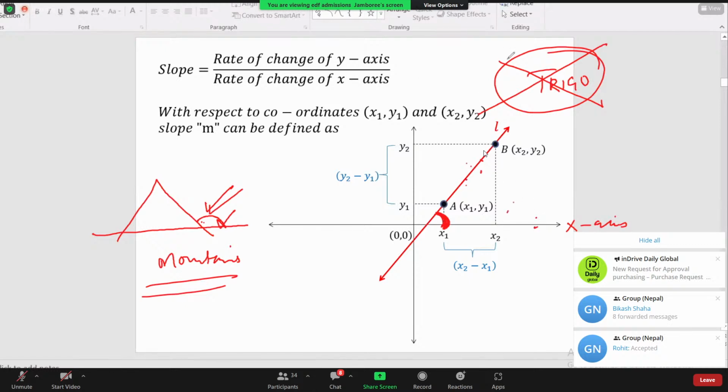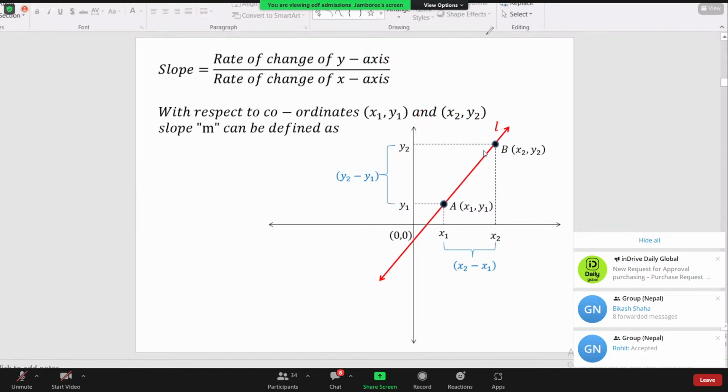But we have to avoid trigonometry as a concept for GRE. So we'll simply understand that the slope of a line with respect to GRE is the rate of change of y divided by the rate of change of x. In simple terms, the change in y coordinates divided by the change in x coordinates will fetch you the slope of the line.